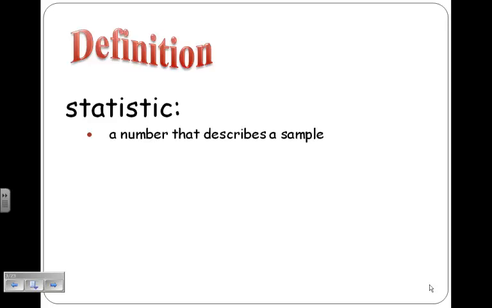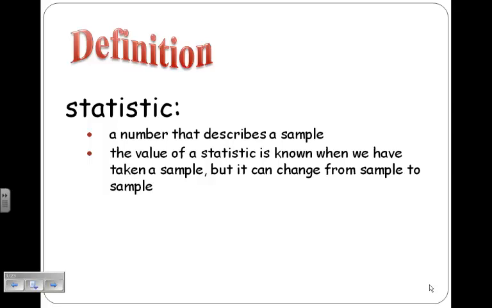Okay, the next definition you want to write down is a statistic. A statistic is a number that describes a sample. The value of a statistic is known when we have taken a sample, but it can change from sample to sample. So that's the main difference: a parameter is unknown. It exists, we just don't know it.